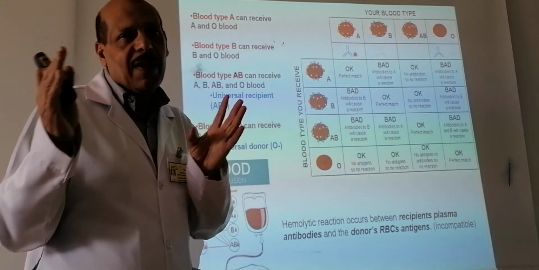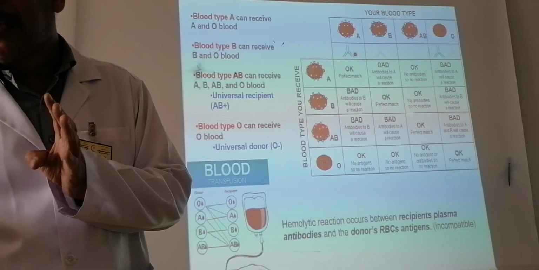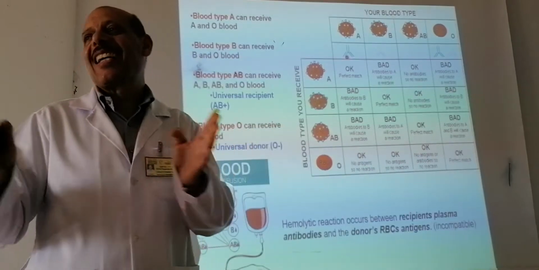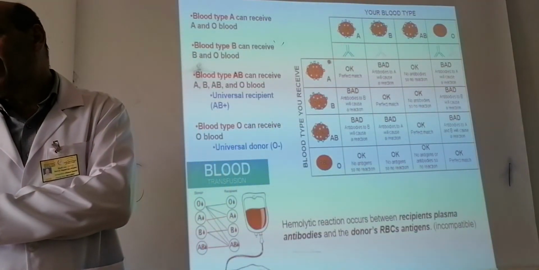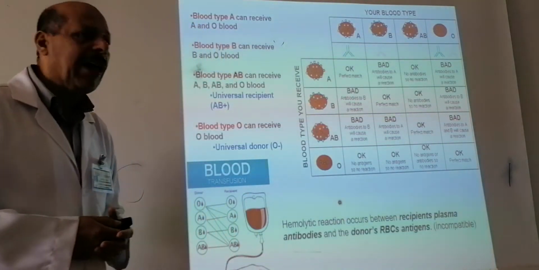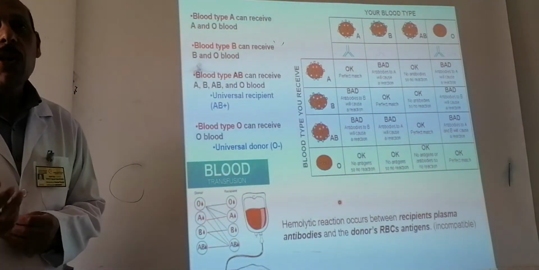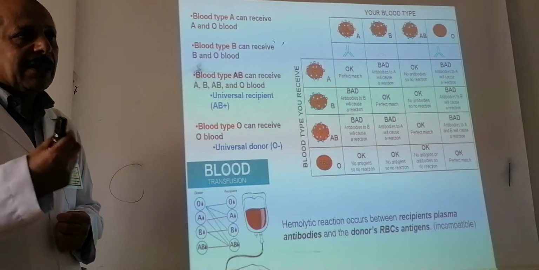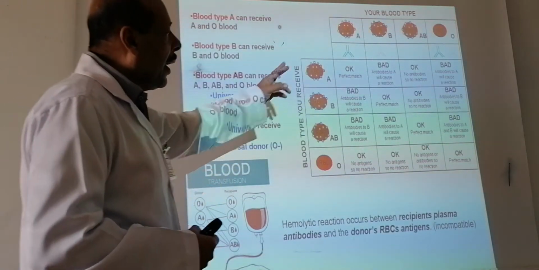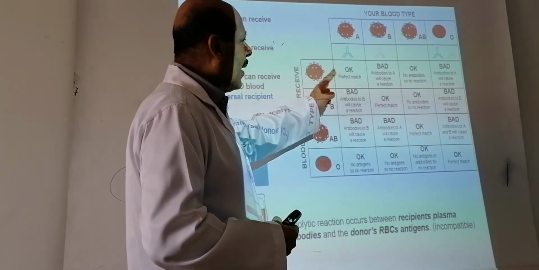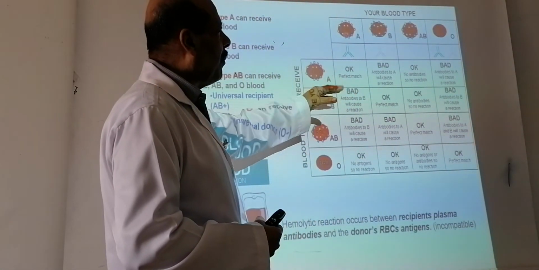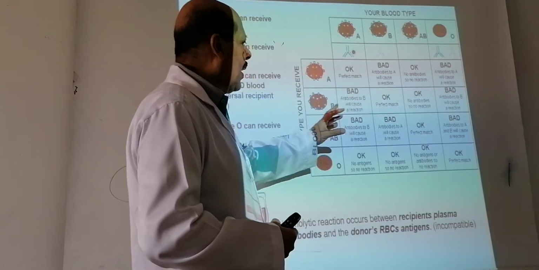When we transfer a different type of blood, the plasma of our patient will react against the blood cells, and it will lead to hemolysis and agglutination. In this case, we call it incompatible blood, and the reaction is expected. So A can receive from A, it cannot receive from B. A reaction will occur.